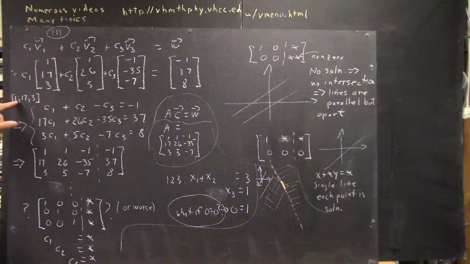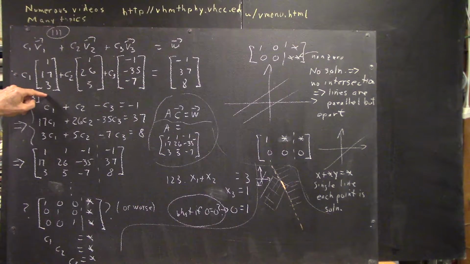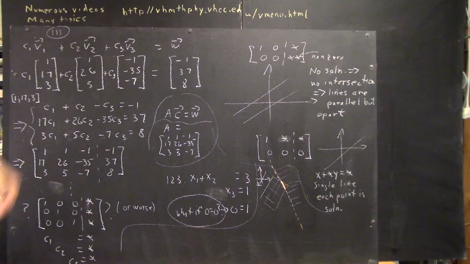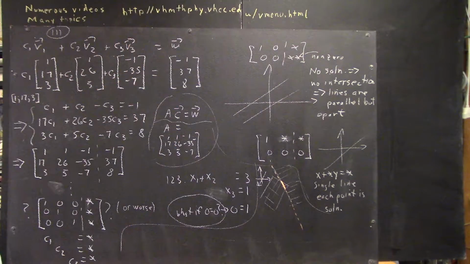Well, what does a semicolon do? It tells you start a new row. So you write down 1 in your matrix. Then you start a new row and you write down 17. Then you start a new row, you write down 3. So you get a column matrix. And the same with V2, V3, and W. And I believe these are the vectors that you get. And now the equation looks like this.